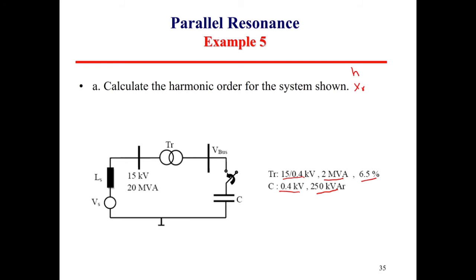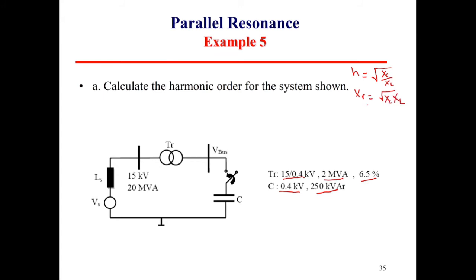Okay, so to find H, of course, we know that H is equal to the square root of XC over XL. Okay, and we know that XR is H times XL, or XC over H, or the square root of XC times XL.